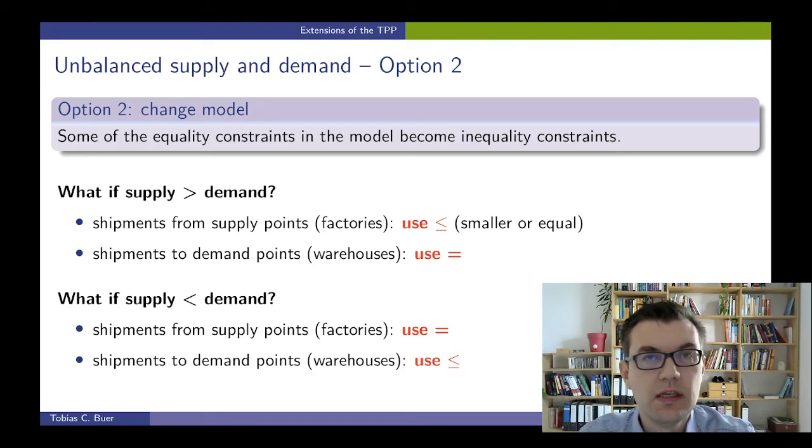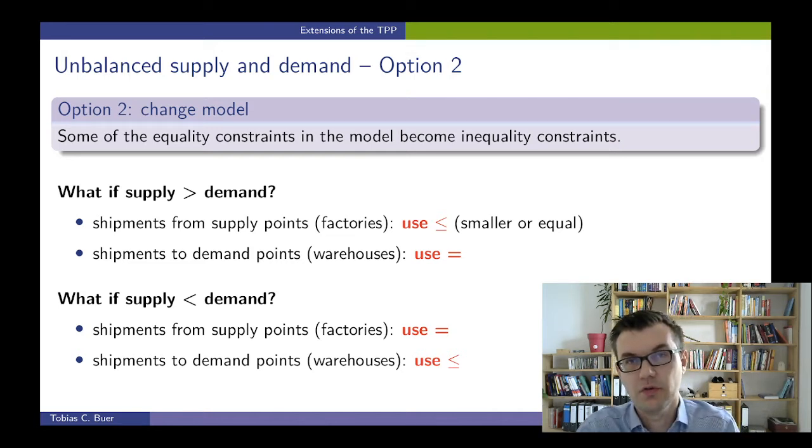Another option to deal with an unbalanced demand in the transportation problem is to change the structure of the model. For the unbalanced demand, that is when the sum of the offered products, the supplied products, is unequal to the sum of the products demanded by the warehouses, we can change our equality constraints in the model.